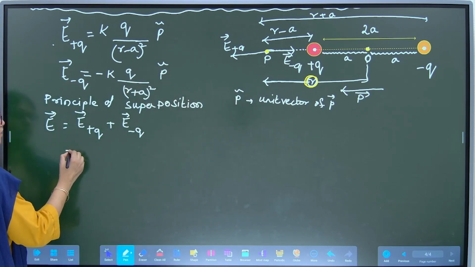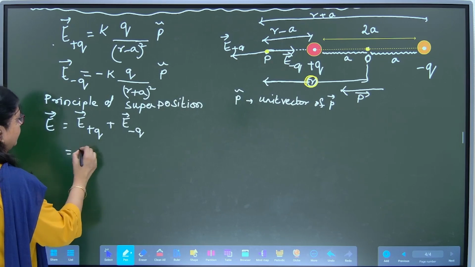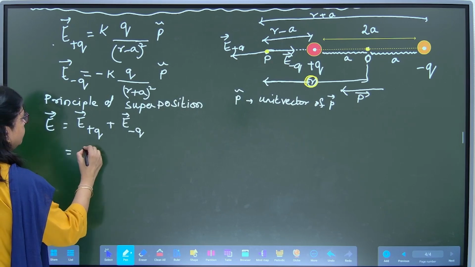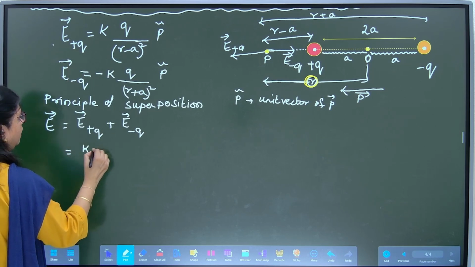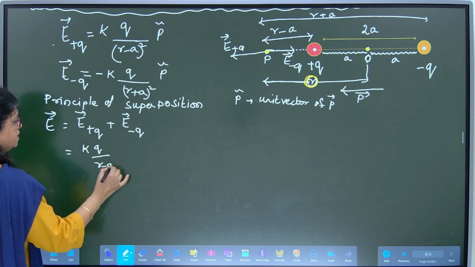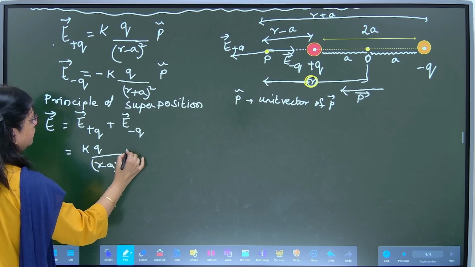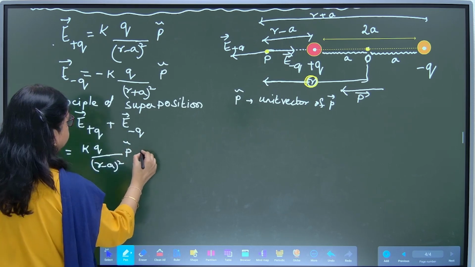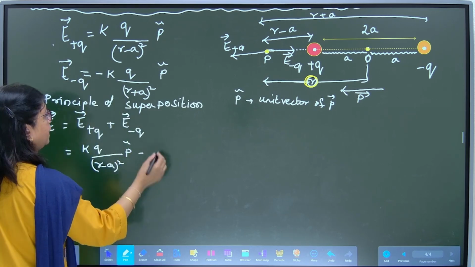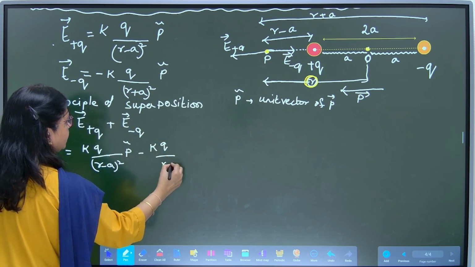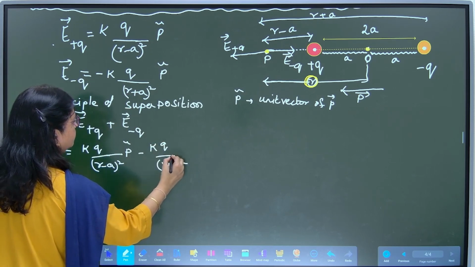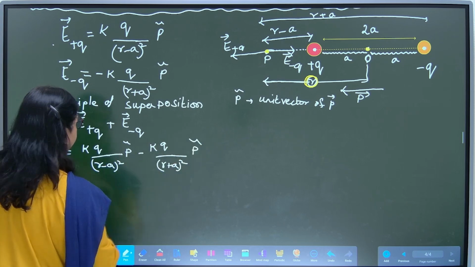So, I'll just substitute here the values of E plus Q and minus Q as it is: K, Q, R minus A whole square, P cap, minus, because here I have written minus to show the direction. So K, Q, R plus A whole square, P cap.